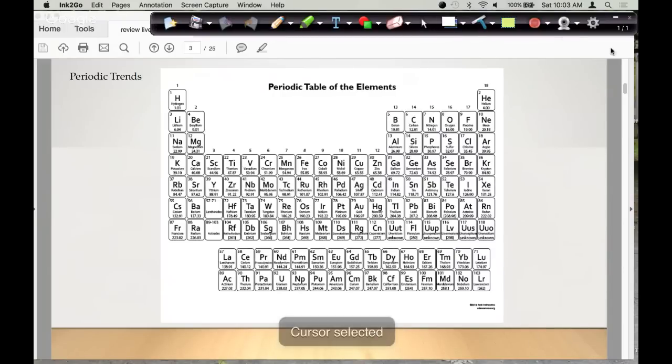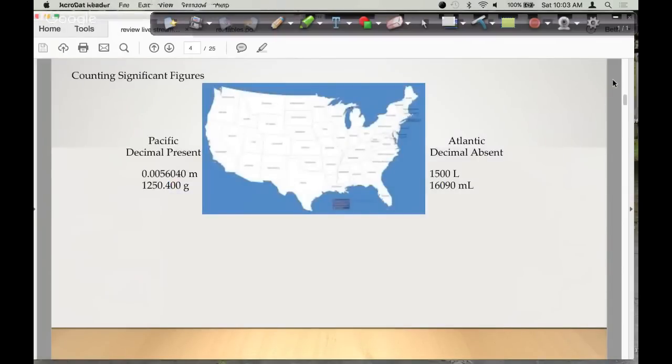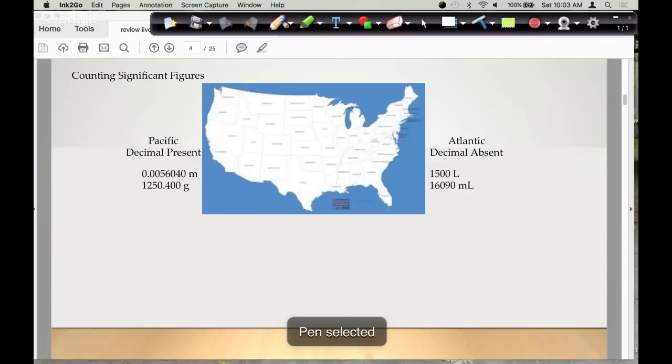The next topic that I wanted to go over, that was asked of me to go over, would be significant figures. When we count our significant figures, we can divide our measurements into Pacific, or decimal present values, or Atlantic, decimal absent values.